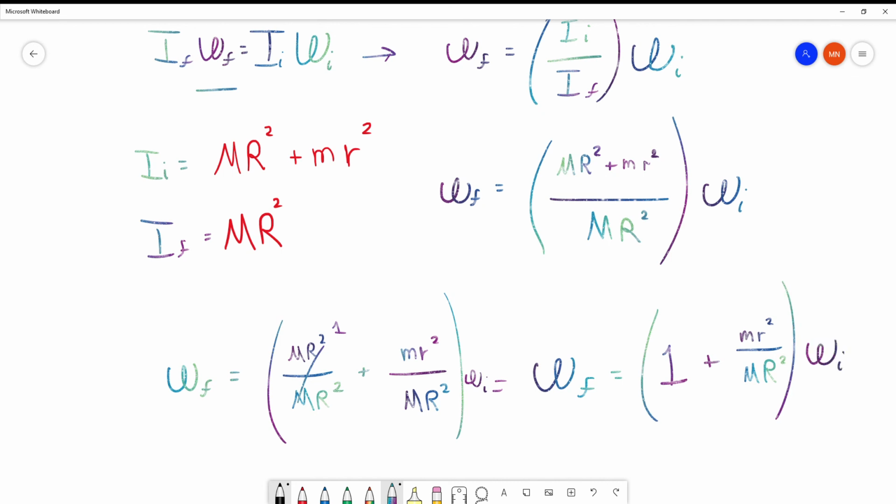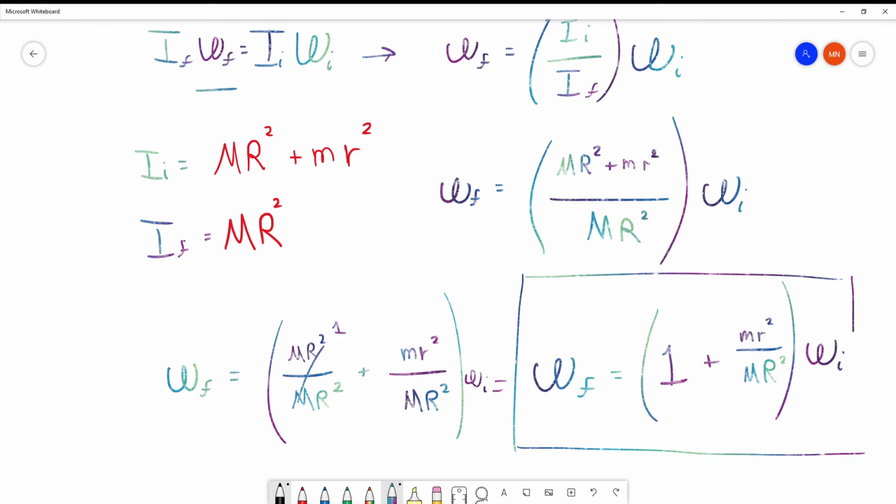And we can see much more directly that omega final is always going to be greater than omega initial, at least for the physical situation set up by the problem, because it's 1 plus something. 1 plus anything not 0 is obviously greater than just 1. So there we get our final answer.